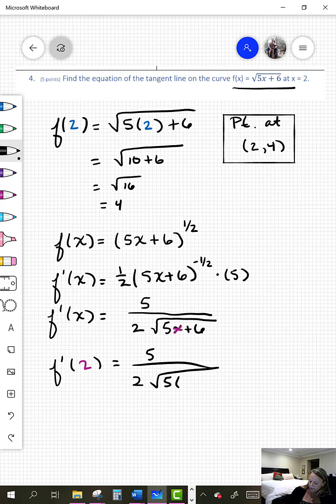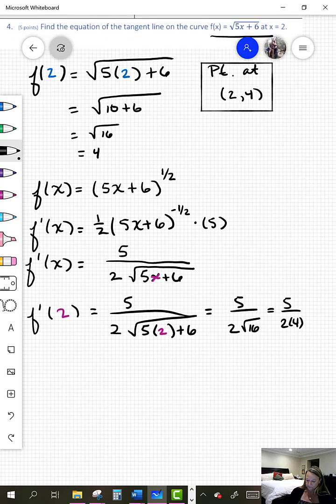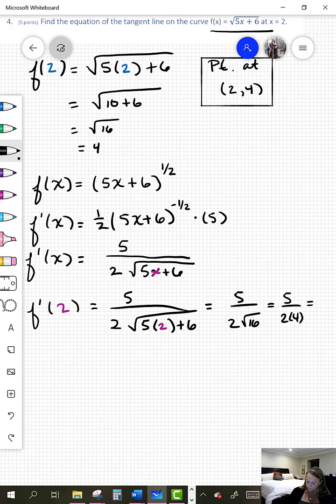I see an x there, replace it with 2 plus 6. So this is giving me 5 all over 2, square root of 16, which is 5 all over 2 times 4. So we get that that is equal to 5/8. So our slope when x is equal to 2 is 5/8, and that's going to be the slope of our tangent line. And we have the point 2, 4.